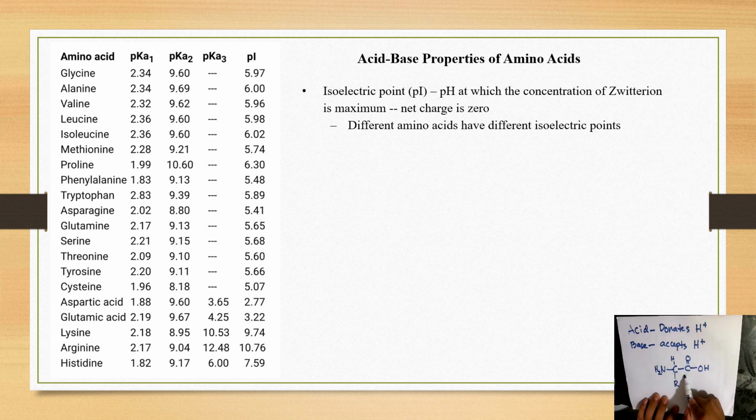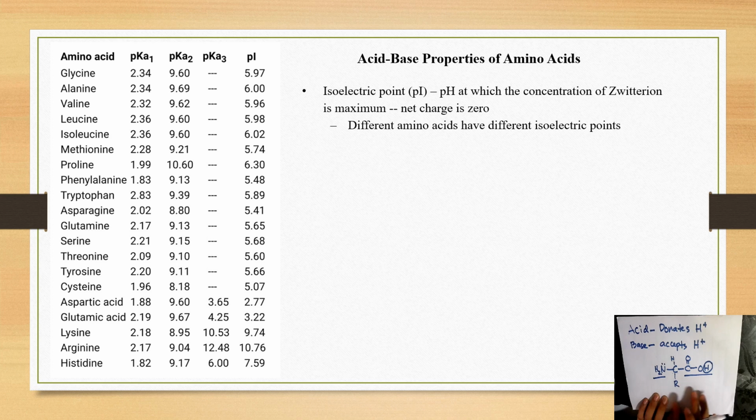We know that the carboxyl group is acidic because of the presence of ionizable hydrogen. And we learned that an amino group is a basic group because of the presence of a lone pair of electrons.